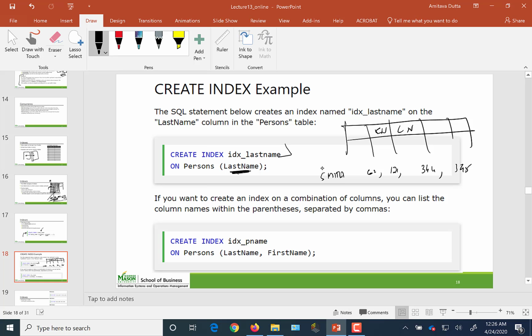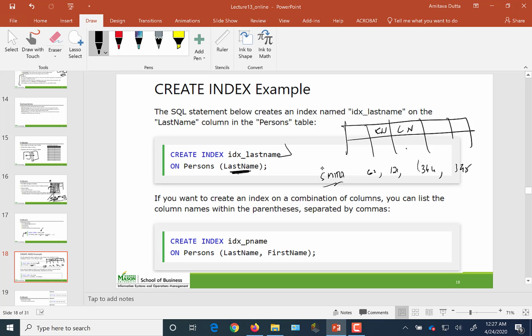Think of these record numbers as pages in a book. So if Smith comes in and gives his last name, the database could just look at this index and say, oh, Smith is in one of these pages, so it just looks up those pages one after the other, and you save time by not having to search through the whole table. So the idea of a database index is very similar to an index in a textbook. It's just that you can create a whole variety of sophisticated indexes on a table.